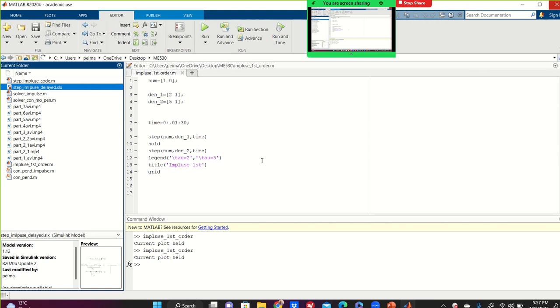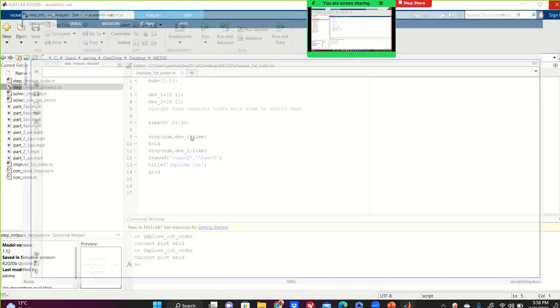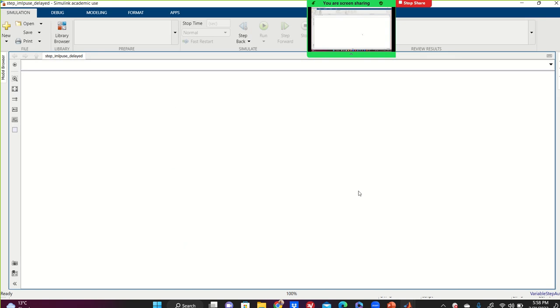And see what's happening. I'm just commenting here: a larger time constant takes more time to settle down. You can have it. Okay, our block diagram.